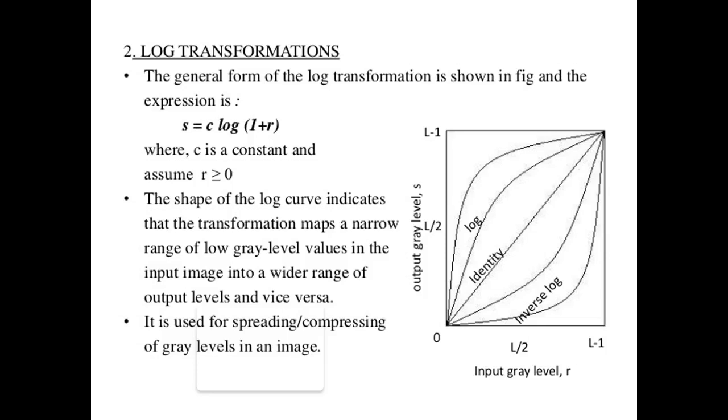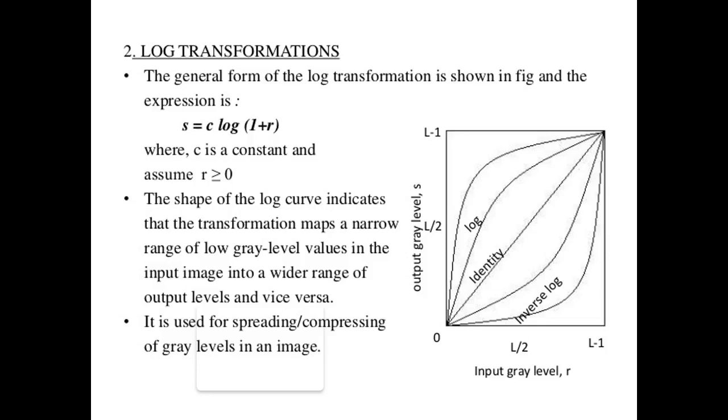Which means in image negative, black is converted into white and white is converted into black. For example, if we take r is equal to 0 and substitute here, we will get s is equal to L minus 1. So, if the r value is 0, the s value is L minus 1. 0 is nothing but black, so black is converted into L minus 1, which is white.